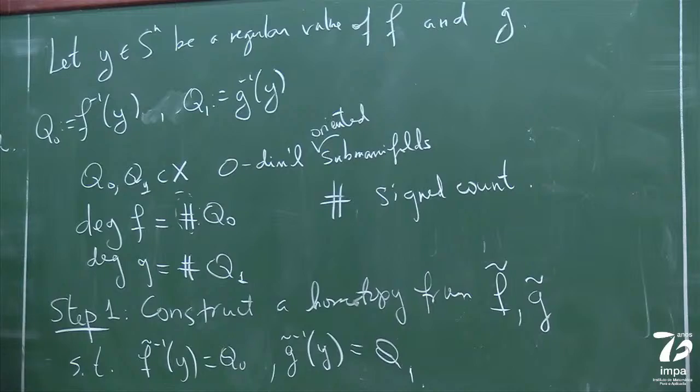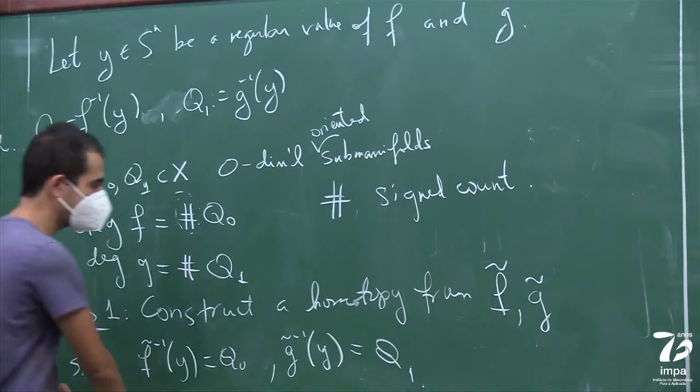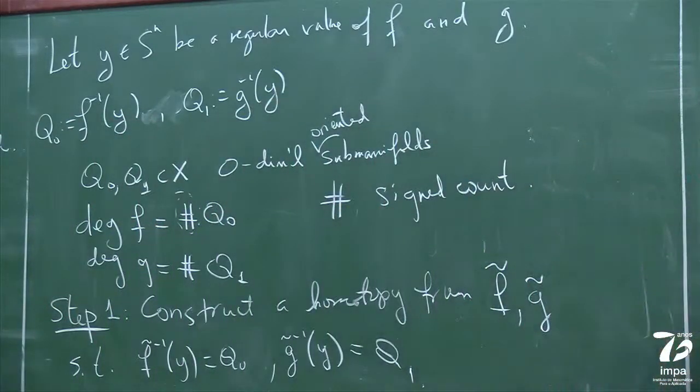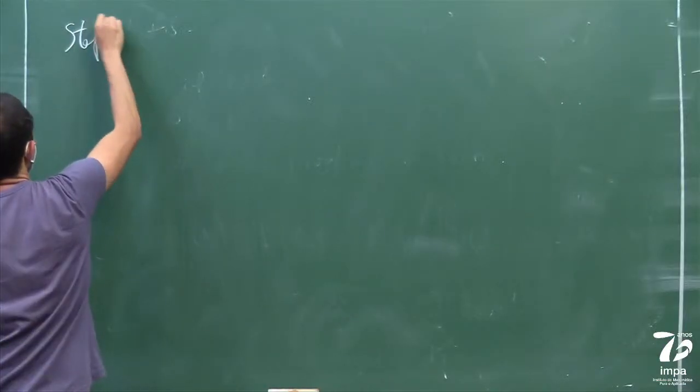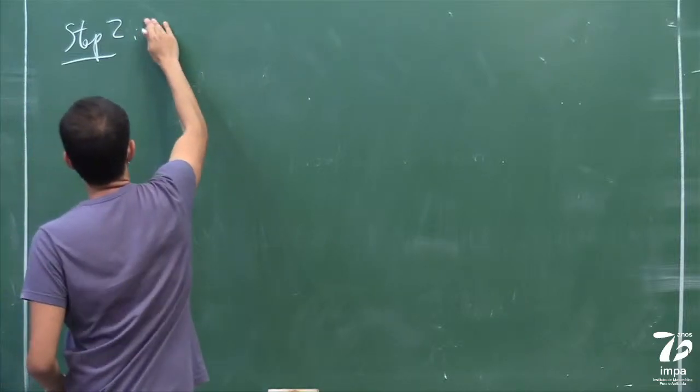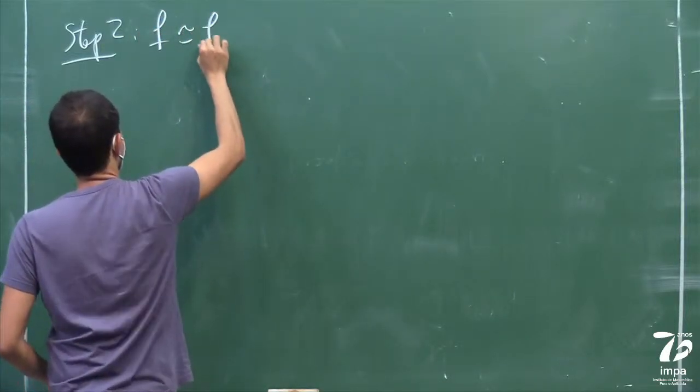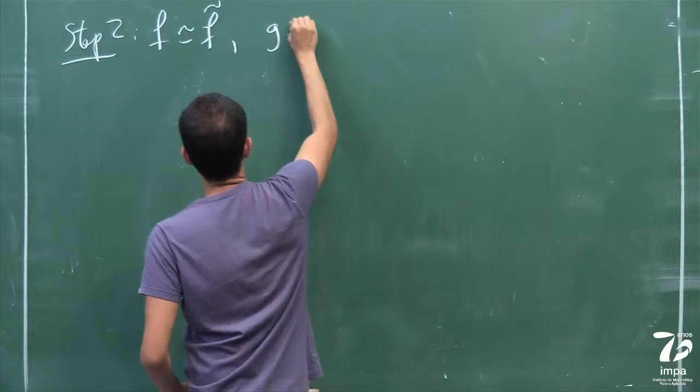And then the second step, so there are only two steps. In step 2, I'll show that f is homotopic to f tilde, and g is homotopic to g tilde.